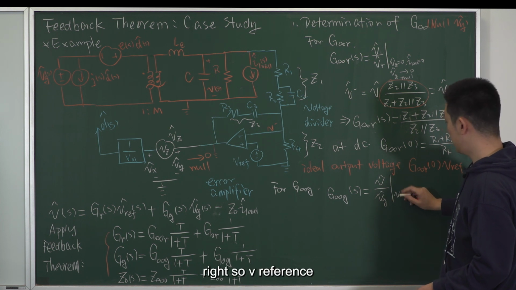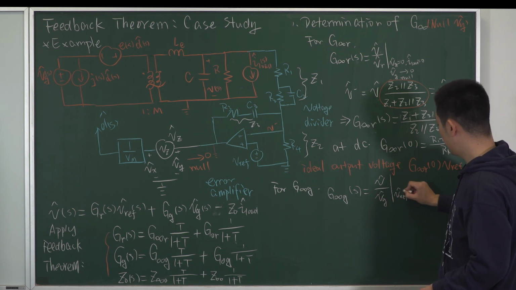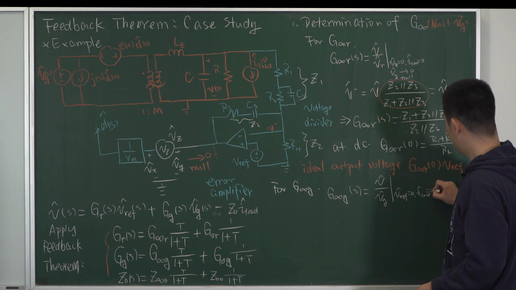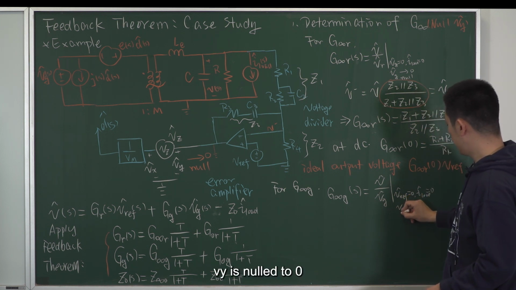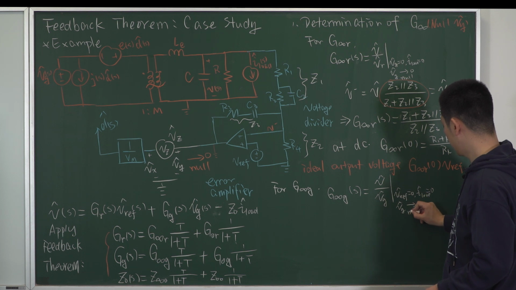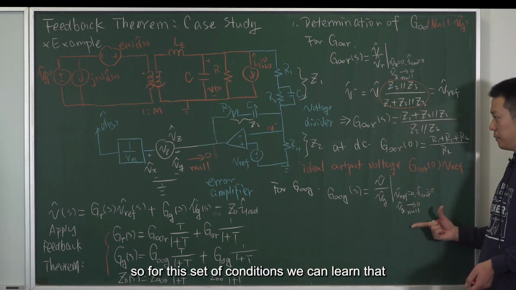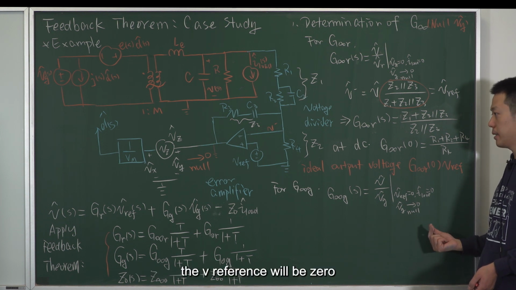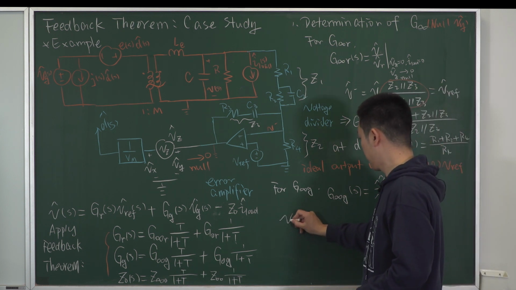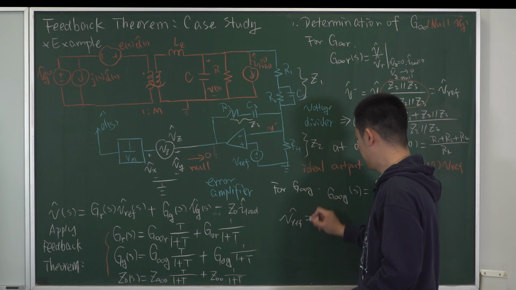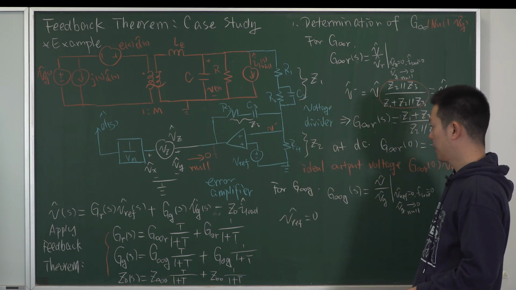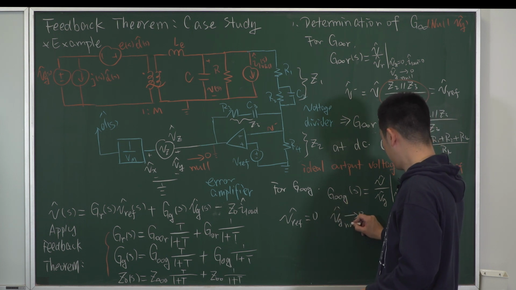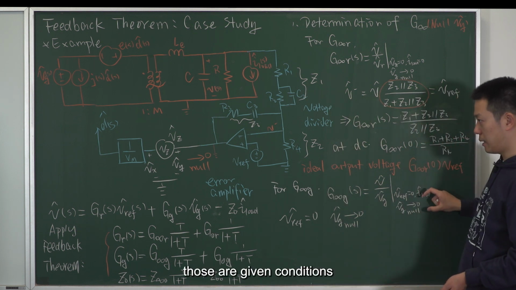V reference equals 0, I load is 0, and Vy is not 0. For this set of conditions, we can learn that V reference will be 0, and meanwhile Vy is not 0. Those are the given conditions.